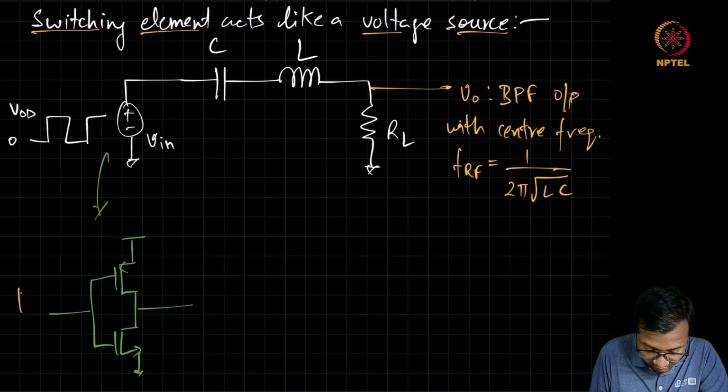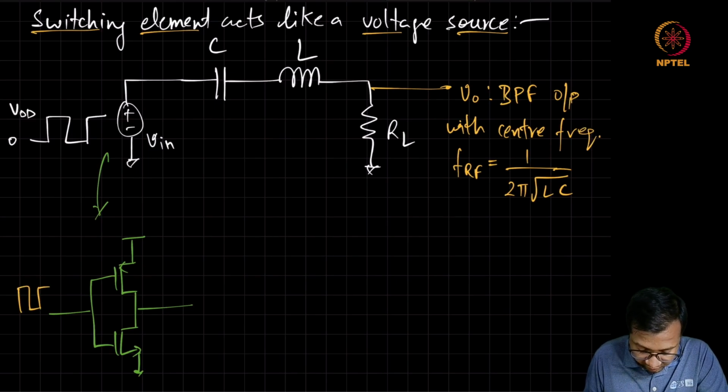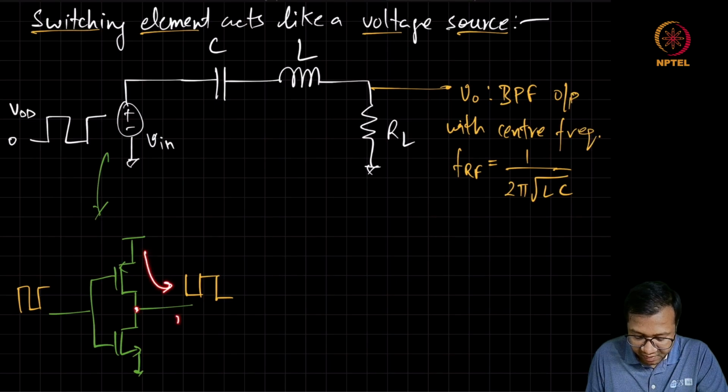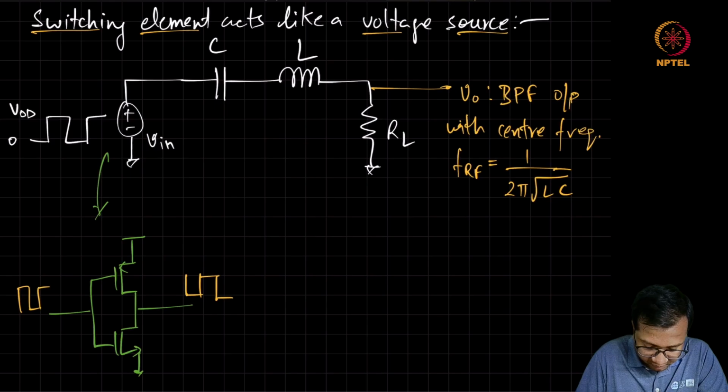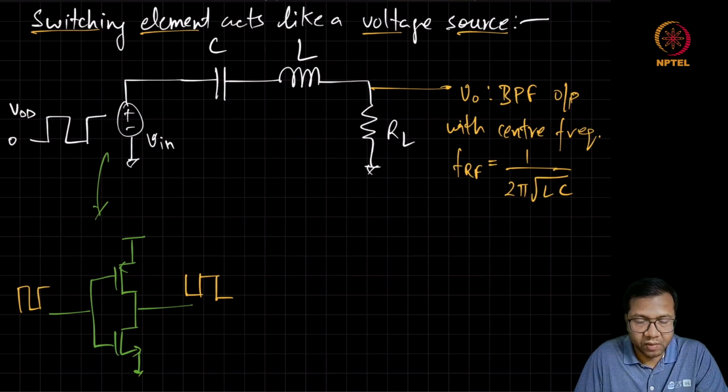So at the input, can have this square wave, and the output again we are going to get this square wave. The good thing is at the output now it can source and sink much higher current as compared to the input. So such a circuit can be used in place of this input source.